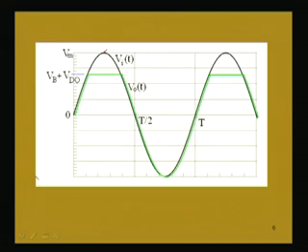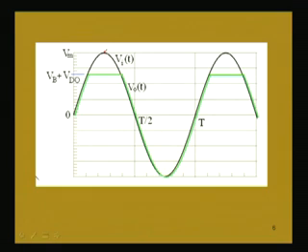Till the point when the input voltage is less than Vb plus Vd naught, the diode does not conduct, so input and output voltage are the same. Whenever Vi is greater than Vb plus Vd naught, the diode conducts and the voltage V naught will be equal to Vb plus Vd naught. We get a constant voltage across the output terminals.